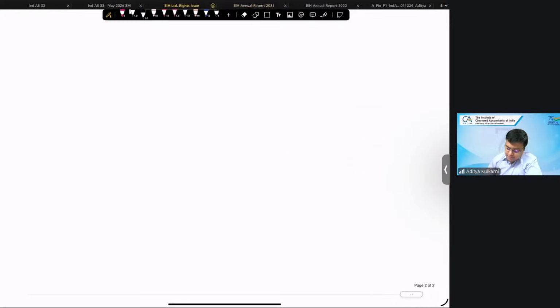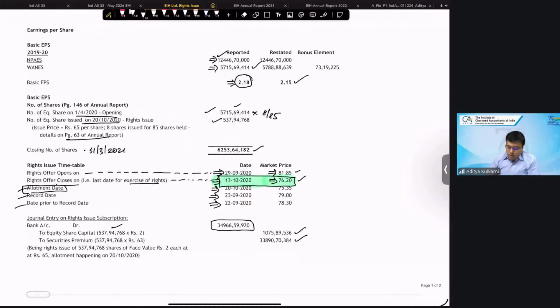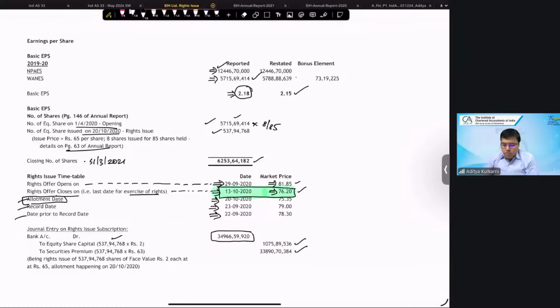3431.24 million. So your reported basic EPS is minus 5.72. This is for 2021. When I look at 1920, do I have to do a restatement? Answer is yes. How do I do a restatement?